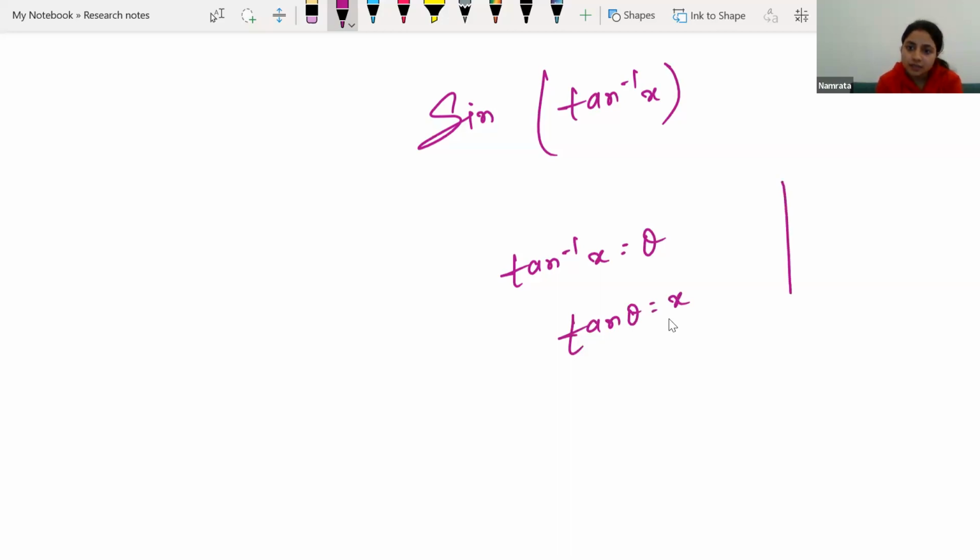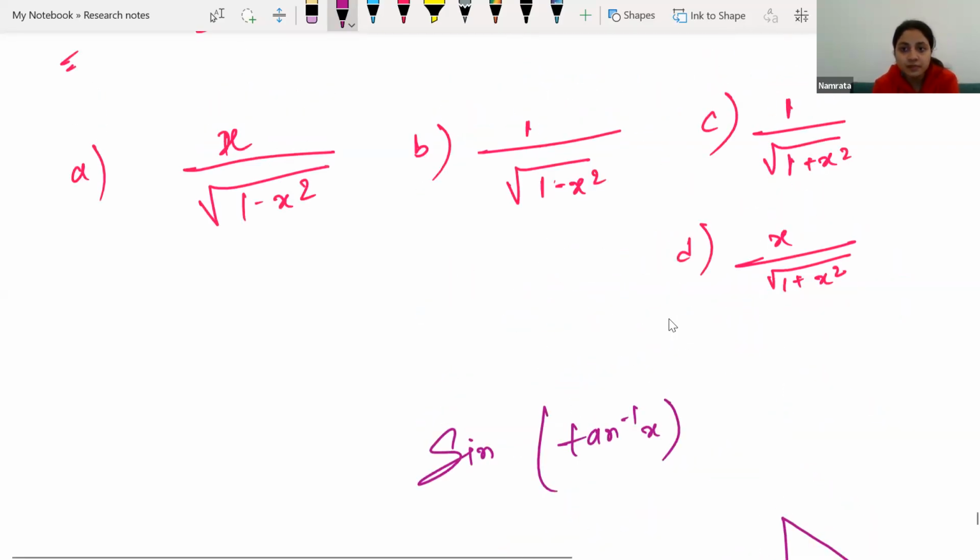And in class 11, when we used to have such trigonometric functions, what we used to do was draw the right angle triangle where we represent theta. Tan theta means opposite over adjacent. So can I say opposite is x and adjacent is 1? Why did I suddenly start taking this approach? Can you see the options?